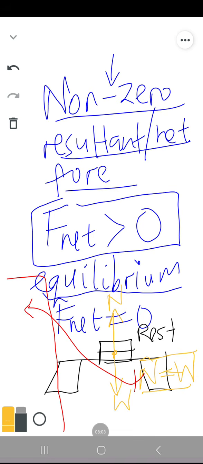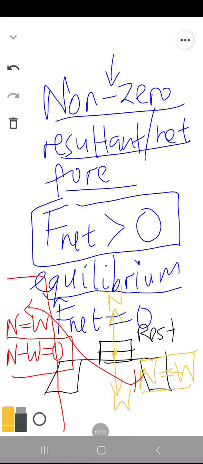Since I said normal force is equal to weight, if I want to equate this equation to 0, I can say normal force minus W is equal to 0, since when I shift W to the left it becomes negative. So you see now, guys, normal force minus weight is equal to 0, which means your F net here is 0.